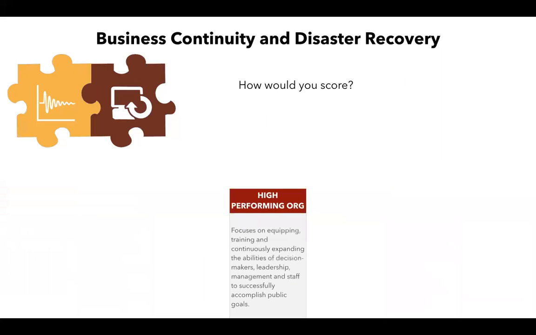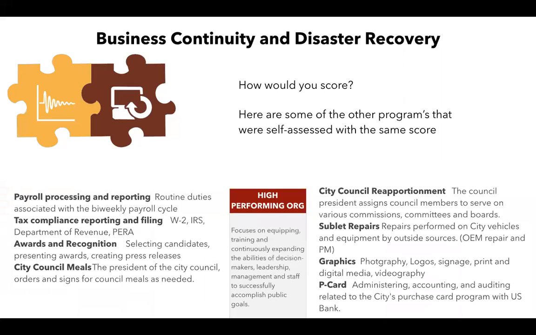When we got to high performing org with the program of business continuity and disaster, these are the other programs that scored the same as high performing org. So this is comparing, business continuity and disaster recovery scored a 0 in high performing org, as did city council meals, as did payroll processing and reporting, as did sublet repairs.